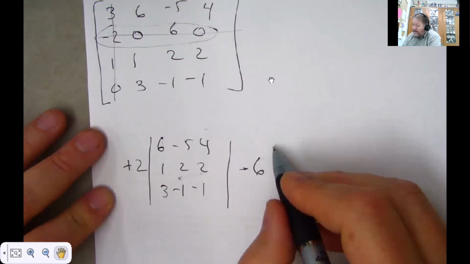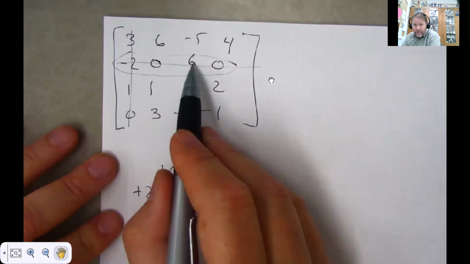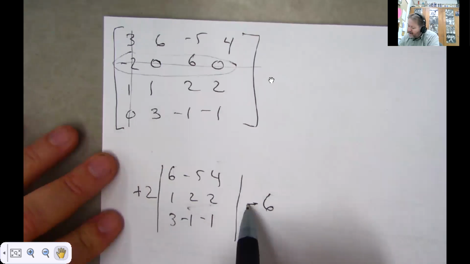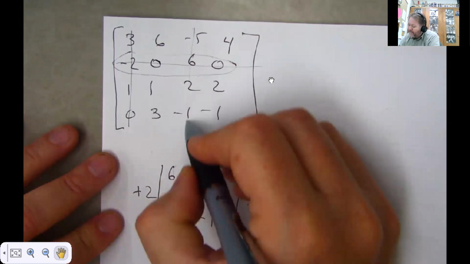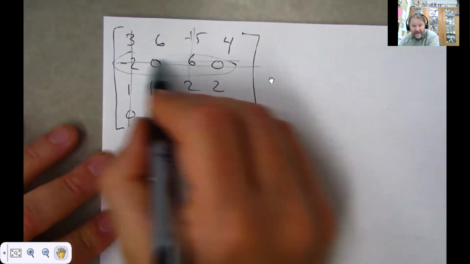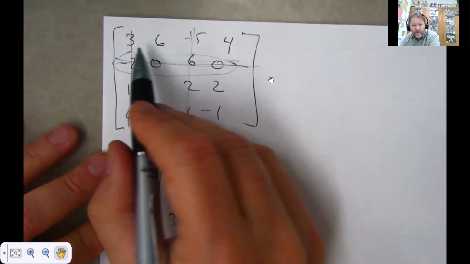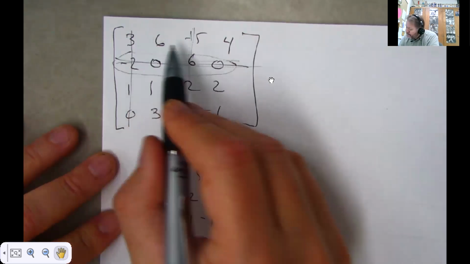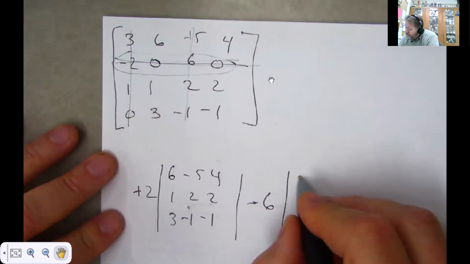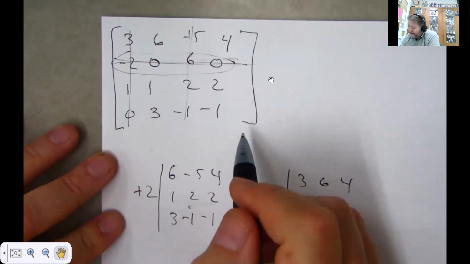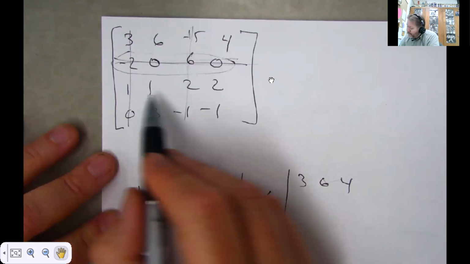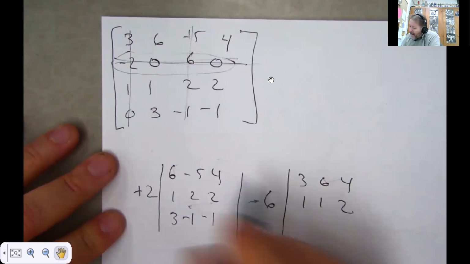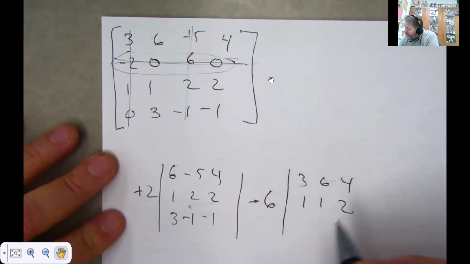And then this 6 corresponds to this negative 6. I'm going to cover up that whole column and that whole row that has that 6 in it. I have 3, 6, 4, 1, 1, 2, 0, 3, negative 1.